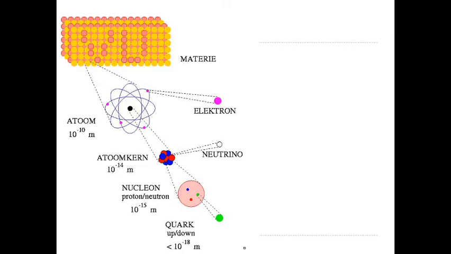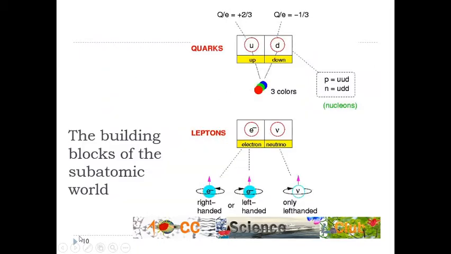Although there is a slide further on. For example, there are up quarks and down quarks. So when an up quark changes to a down quark, that is when a neutrino is emitted, and there is a change in the element. So we'll have a look at that further. See, this is the slide.